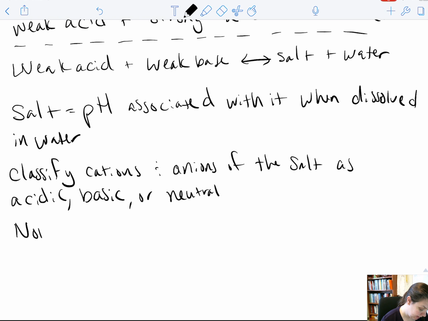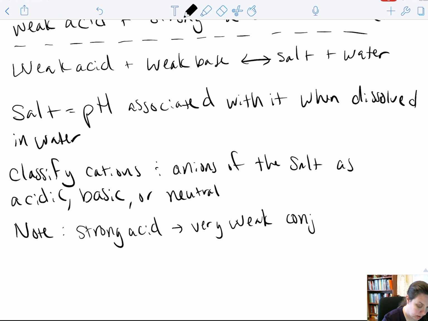So keep in mind, if we have a strong acid, it will have a very weak conjugate base. So we would call that a neutral anion.